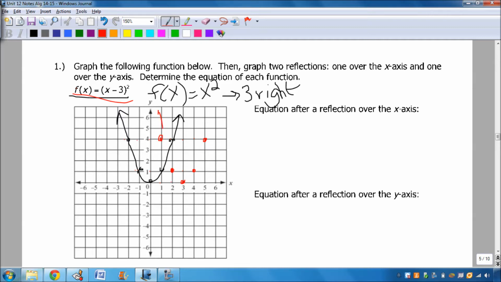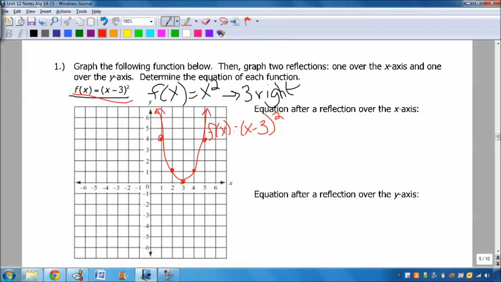Then you connect those dots together, and this is really what f of x is. So f of x equals x minus 3 quantity squared. I'm going to erase my parent function because all I want to reflect is f of x.